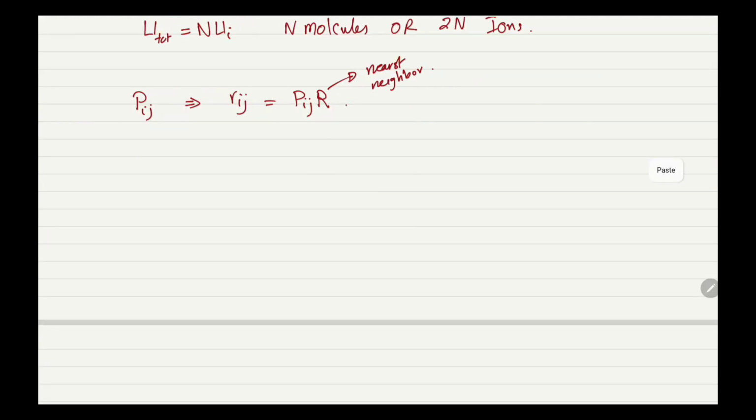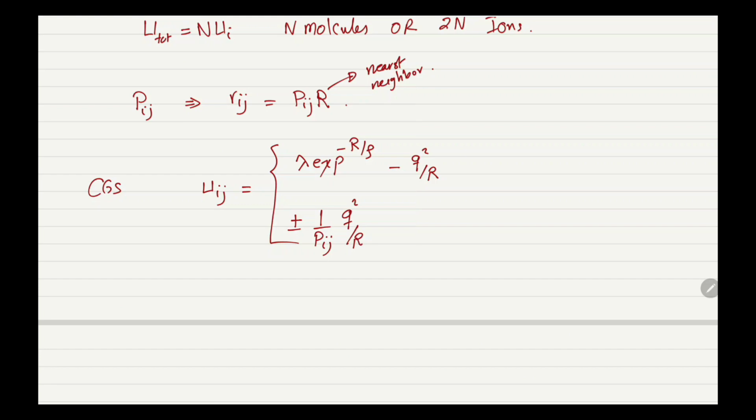If we include the repulsive interaction only among the nearest neighbors, we will have in the CGS system Uij equal to lambda exponential minus R over rho minus q square over R, and plus or minus q square over pij R otherwise. This happens for nearest neighbors.